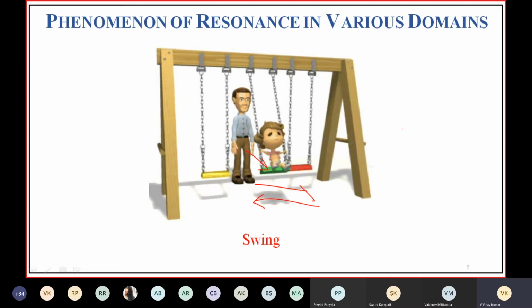So swing is an object. It has its own frequency, called the natural frequency of periodic motion. Here you are applying some force on the swing. It is a periodic force. Periodic force is applied to the swing.